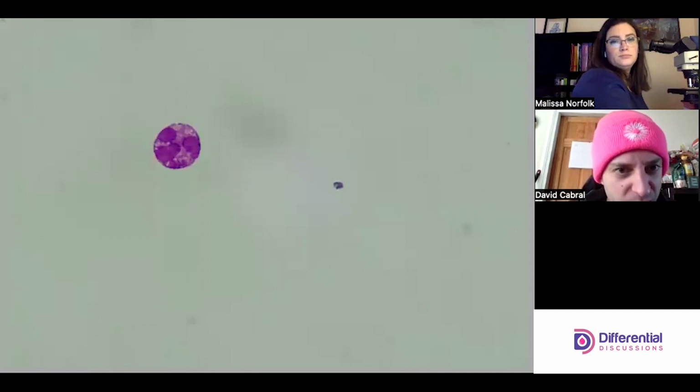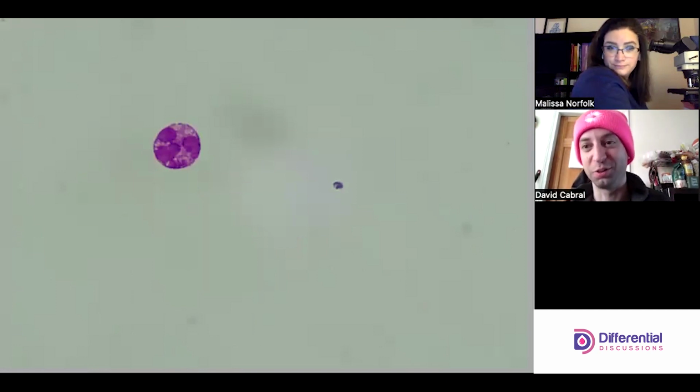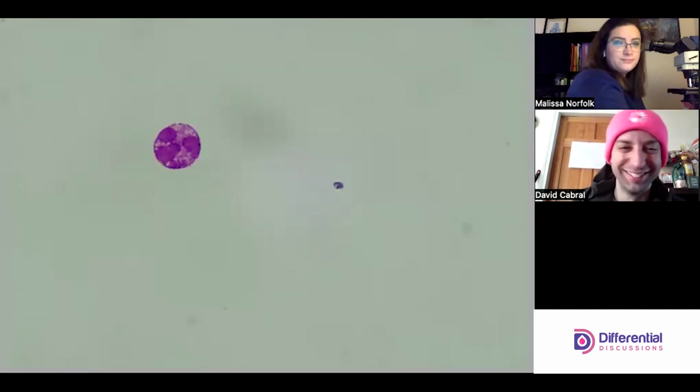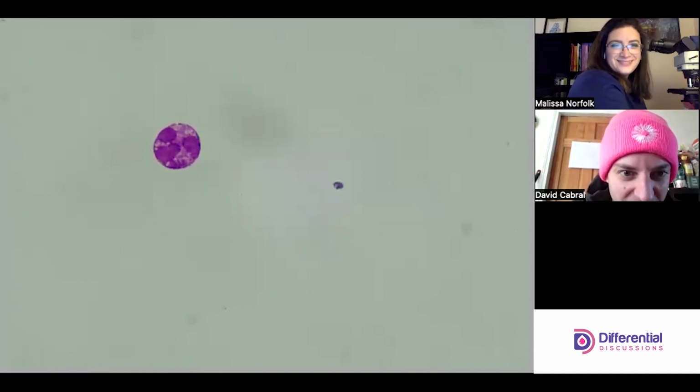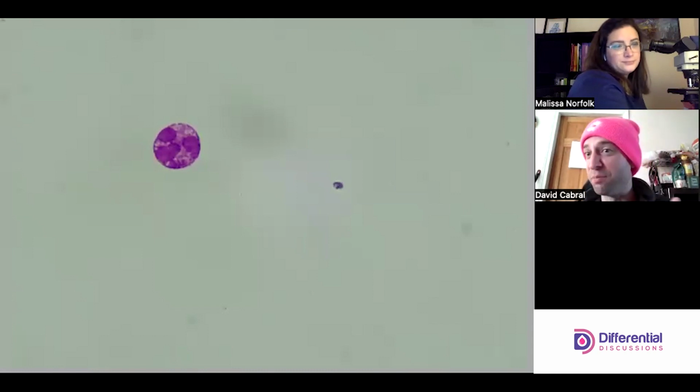Ooh, a baso. I might have made a mistake and called a baso a neutrophil. Whoops. But I don't want to draw on them, there are darker granules and they have variability in their size.